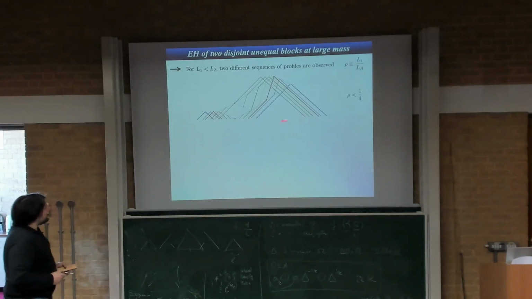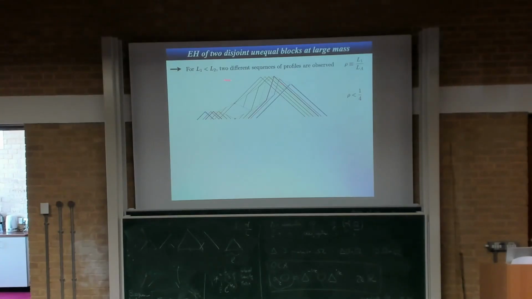And then you do the numerics. Rho here is the ratio between the lengths, and you see that there are three critical distances. Here, for instance, you arrive from infinity, then you get this shape, and then this other shape, and then they break, and then they create a triangle.